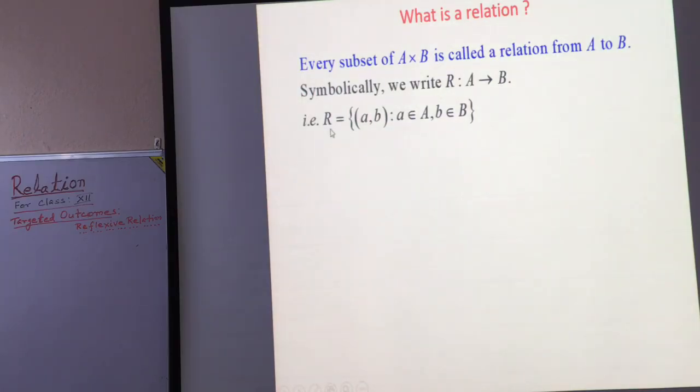The relation R is symbolically expressed as a set of ordered pairs. Here, if ordered pair (a, b) is in R, it means element a of set A is related with element b of set B.